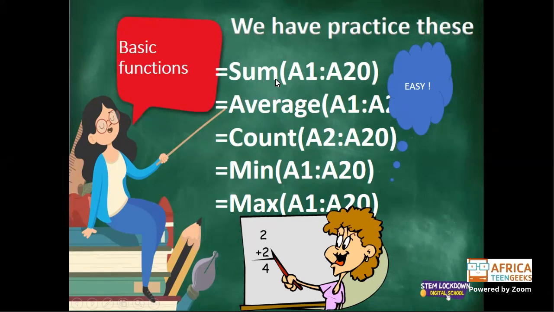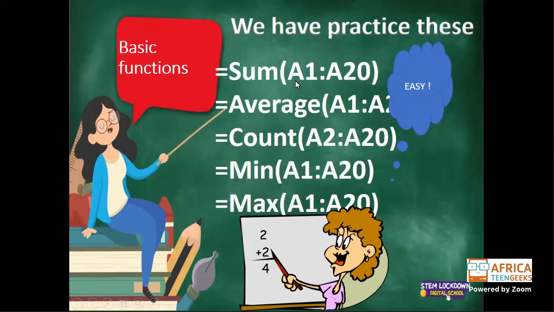That's just a revision of what we did yesterday. We spoke about this function, adding. Here, from A1 up to A20, that is a cell range. From this range, you're adding all the numbers within these cells, A1, A2, 3, 4, 5 up to 20. From here to here, we call it a cell range.